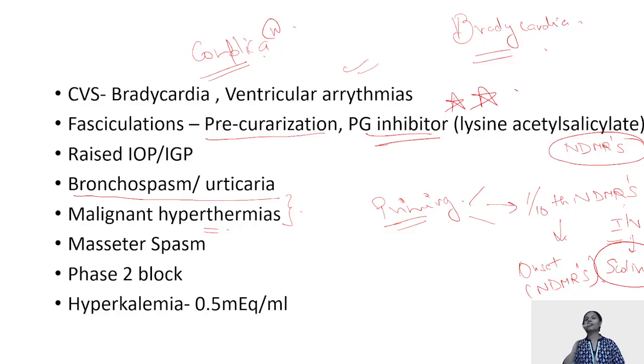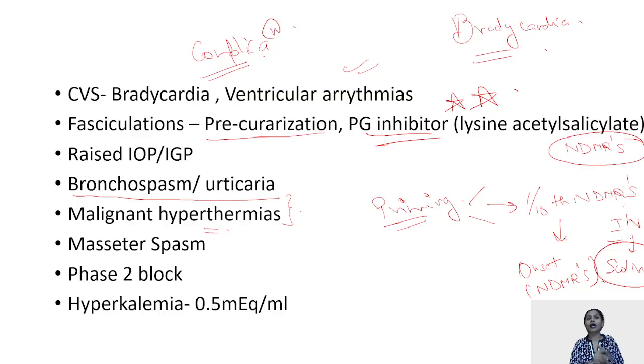Malignant hyperthermias are generally caused because of abnormal calcium ryanodine receptors, and when something which primes the patient for malignant hyperthermia is given, it aggravates that condition and lots of calcium is released in the body, which eventually leads to masseter spasms and a lot of hyperkalemia, finally leading to cardiac arrest or cardiac arrhythmias and problems.